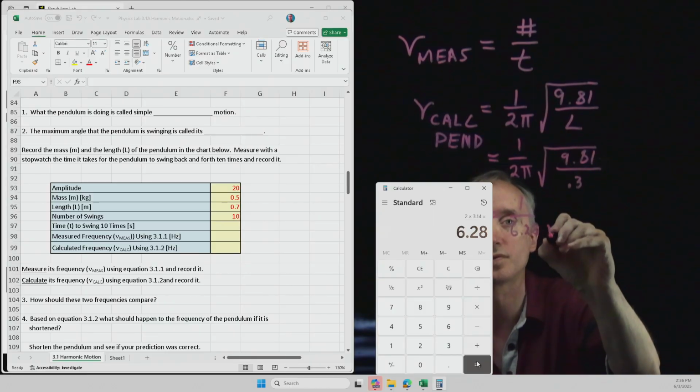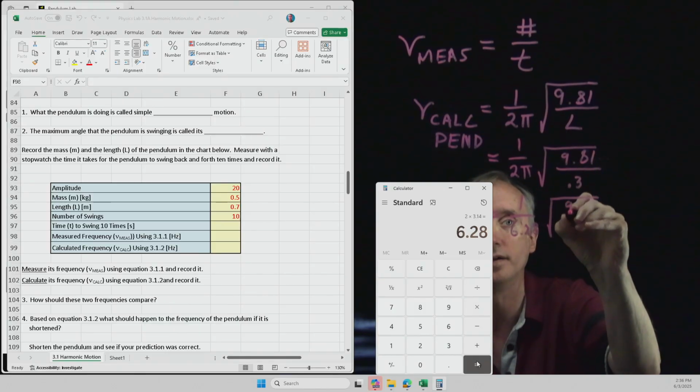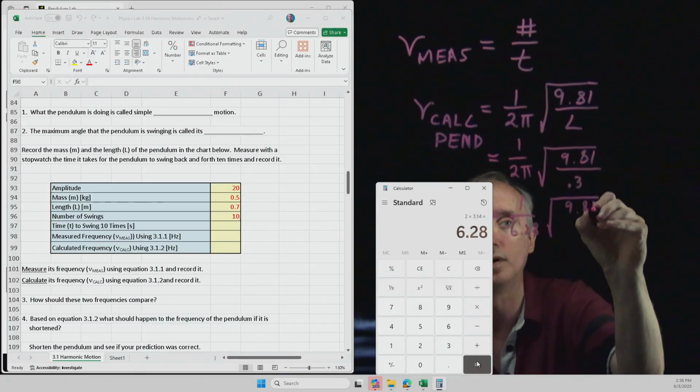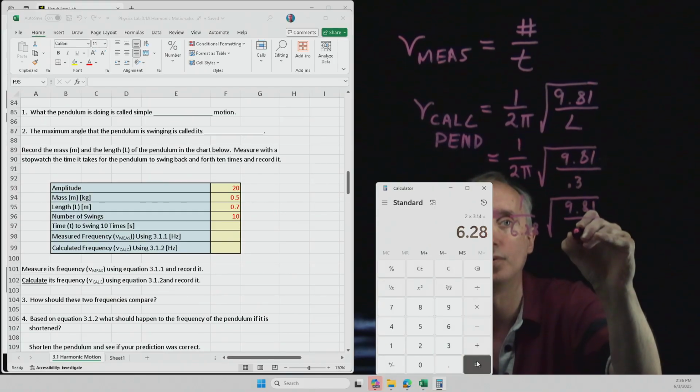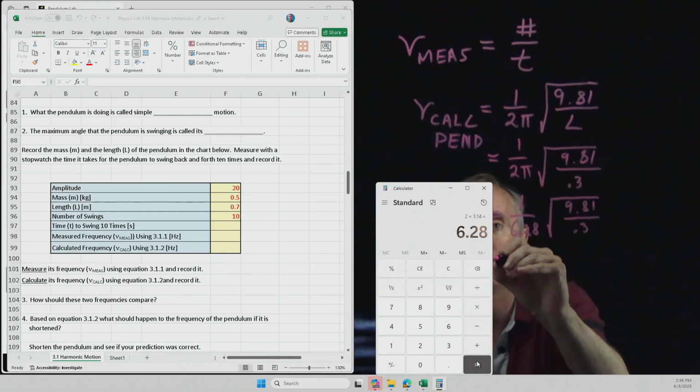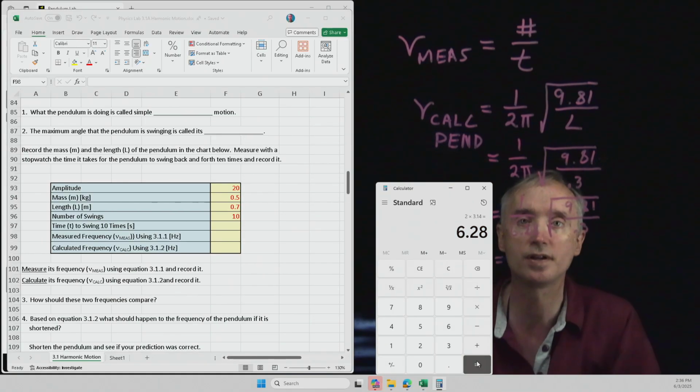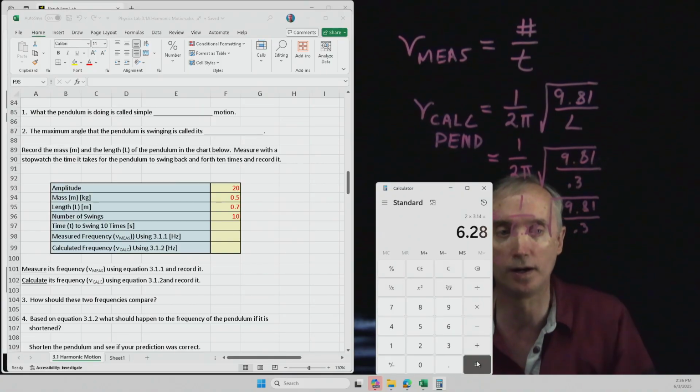And then square root of 9.81 divided by 0.3.